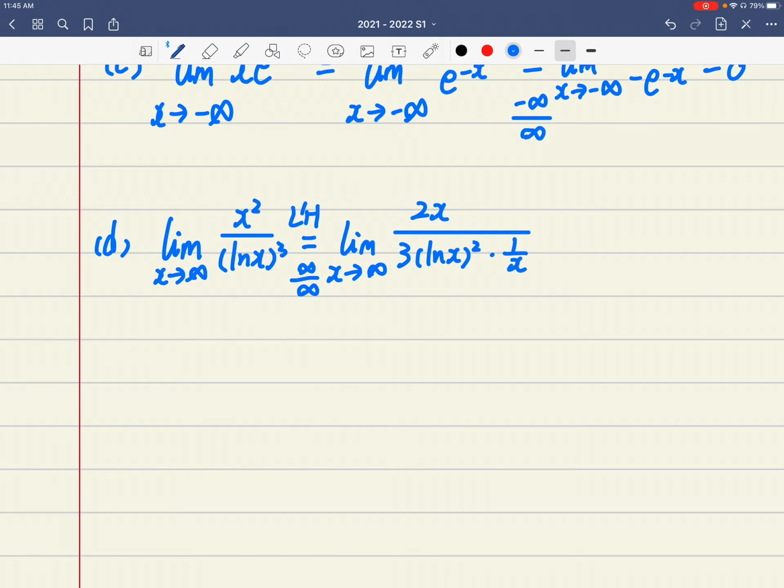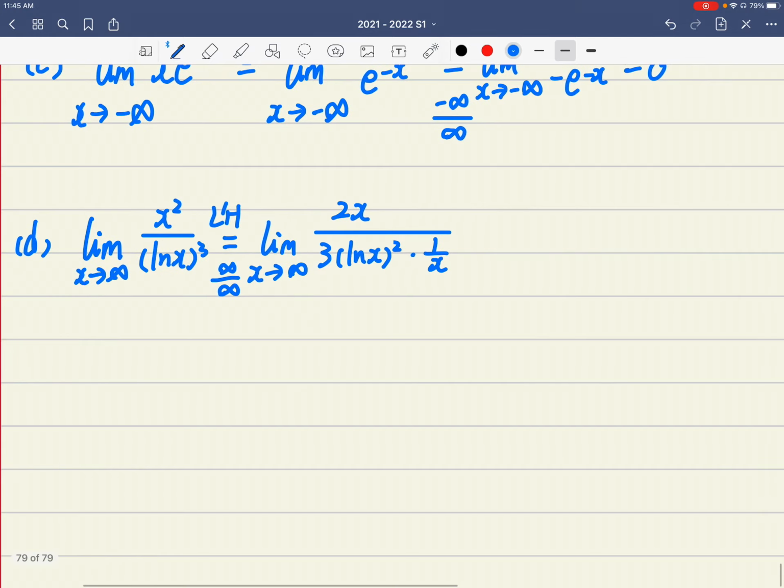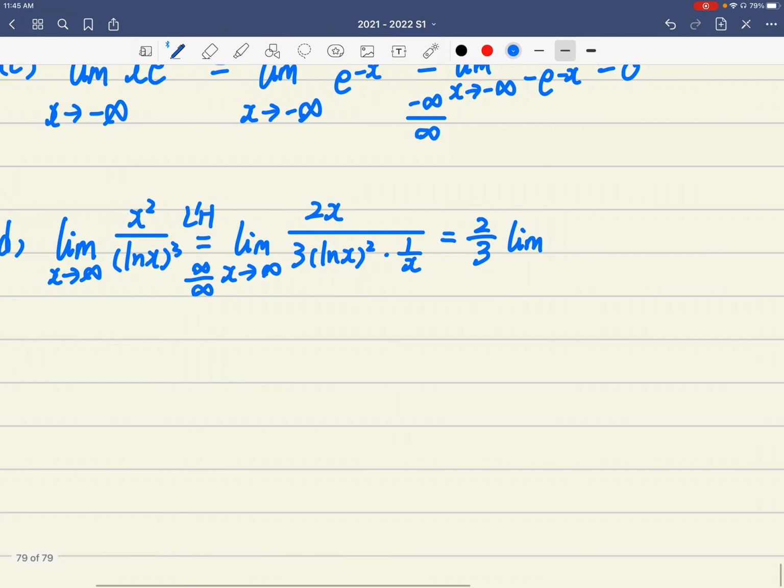So get the answer here, then you can organize it. For the constant, you can move it out, so it's the limit as x approaches infinity of x squared over ln x squared.